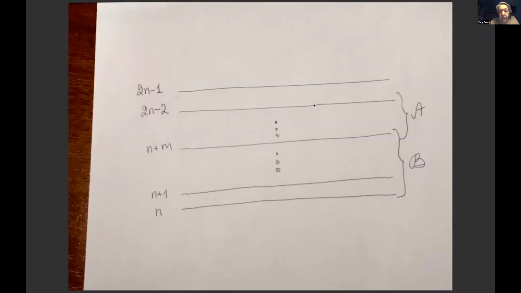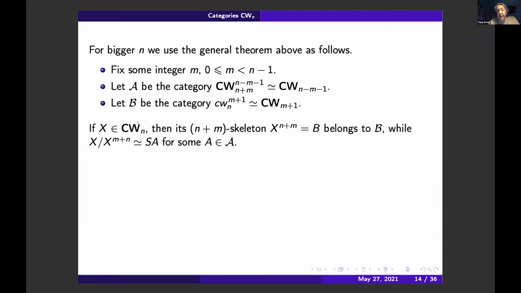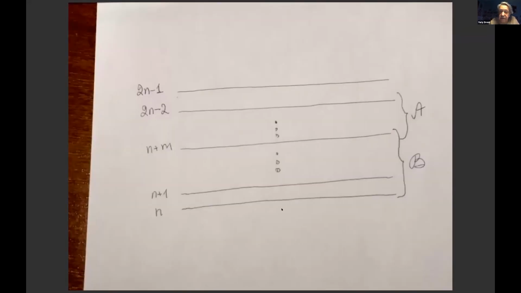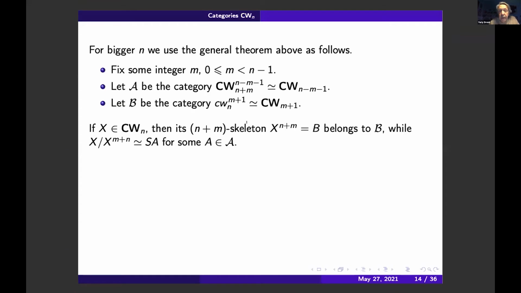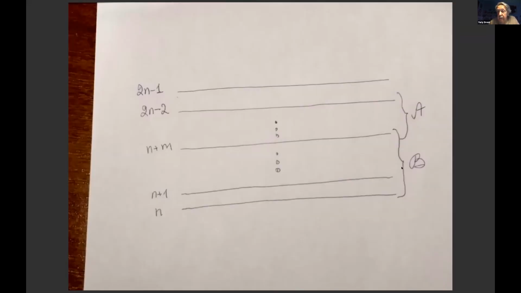If X is in CWn, so if it has cells only on these levels, we can take its n plus m-th skeleton. It belongs to B. And the quotient has cells only starting from the next one, n plus m plus 1, up to n minus 1.